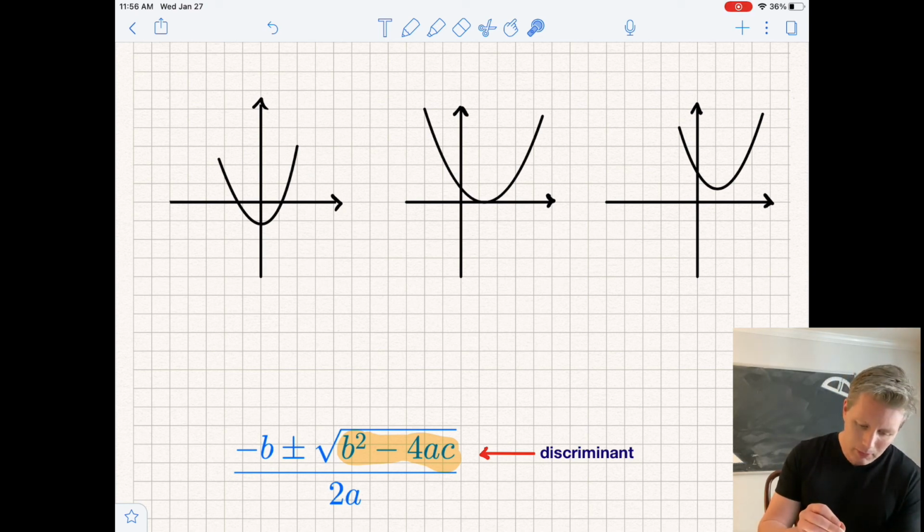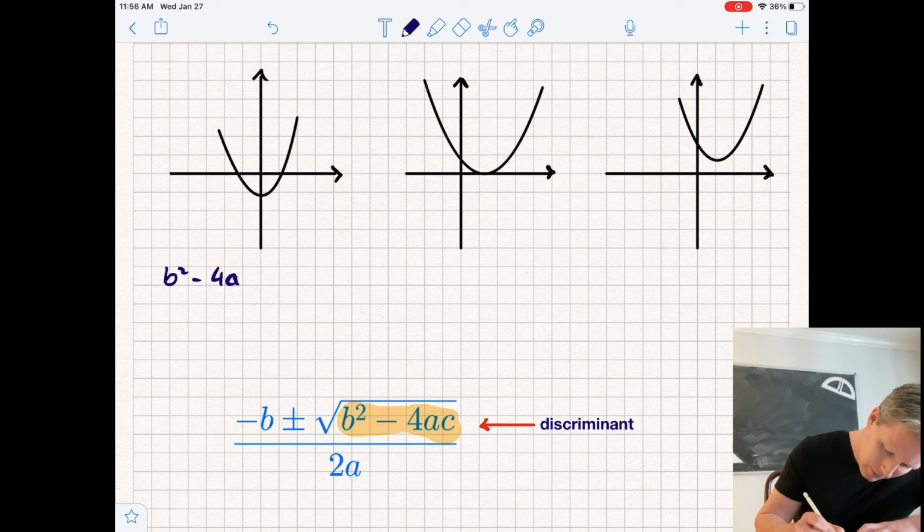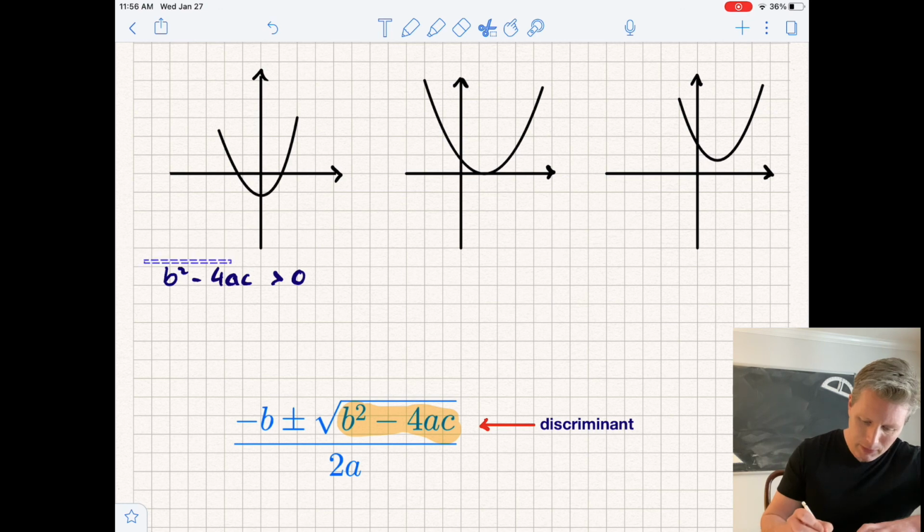If the graph crosses the x-axis and then turns around and crosses it again, what that means is that the discriminant, b squared minus 4ac, is positive. So in this case, b squared minus 4ac is greater than 0.